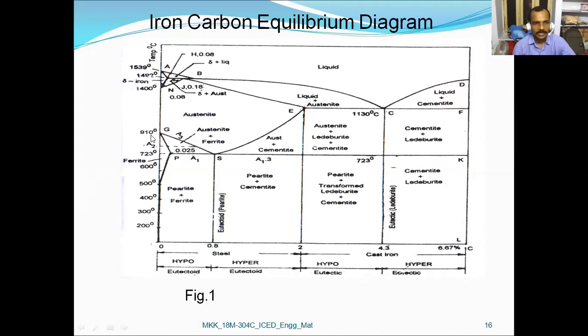Next 800 and 900, then 910 degrees centigrade. Next 1000, 1100, 1200, 1300 and 1400 degrees centigrade. Next 1492, below 1500 degrees centigrade. Next 1539 degrees centigrade. So these are the temperatures.